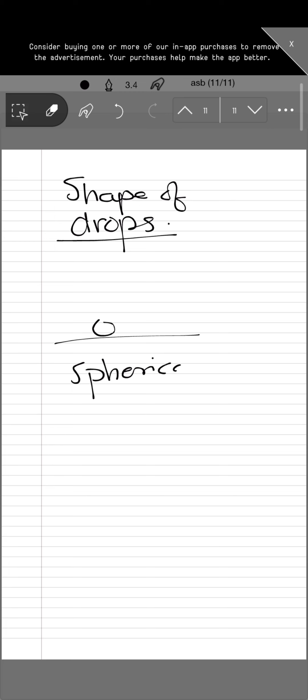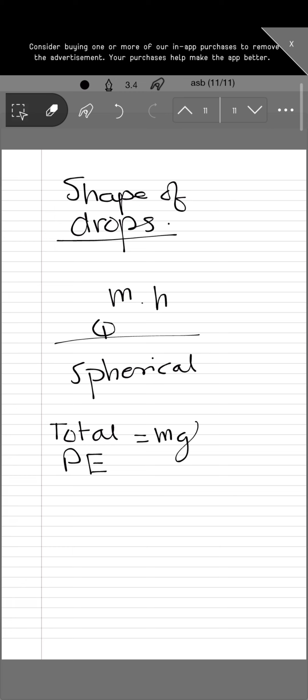The reason for this spherical nature of the drop is that the total potential energy associated with this drop is a combination of two terms. First of all, this drop has a mass and it is at a height h from the surface, where h is the height of the center of gravity, so that gives it the usual potential energy mgh.